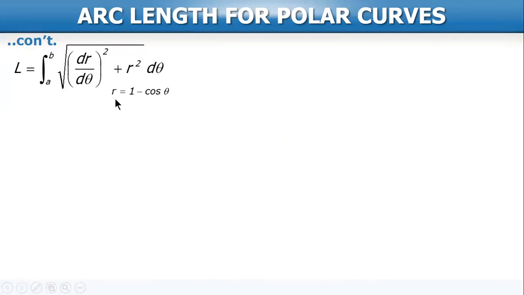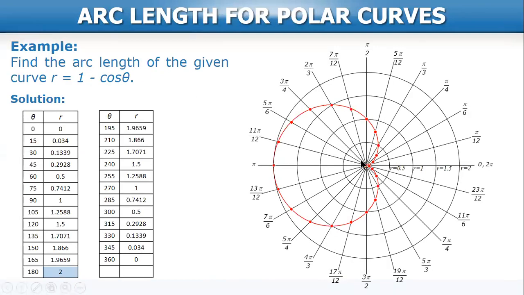And we differentiate r with respect to theta. This is the result. dr over d theta is the derivative of cosine, which is negative sine theta. Now, for our limits, one technique is instead of getting the whole length, we'll just get the length of half of this curve. So from this point 0 up to 180.